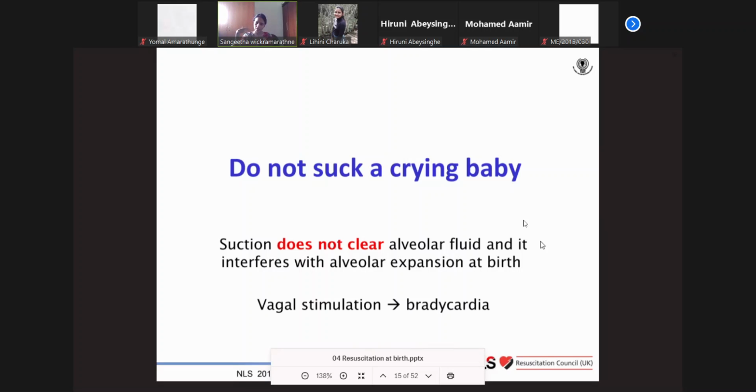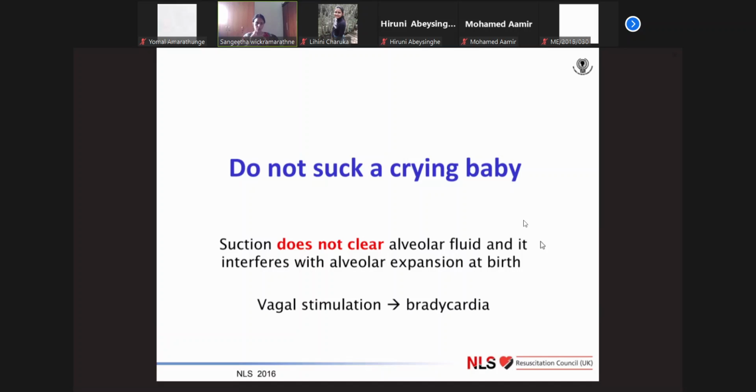The lungs are very prone to collapse. If you suck out, you give further negative pressure to the airway. You suck out the whole of the air and everything, and the lungs will collapse. So you don't suck a baby at the first point, even in meconium aspiration, no sucking.